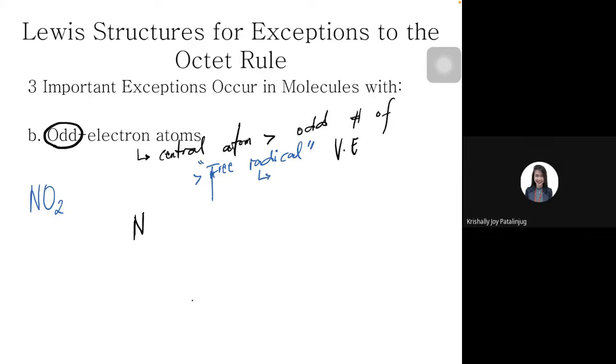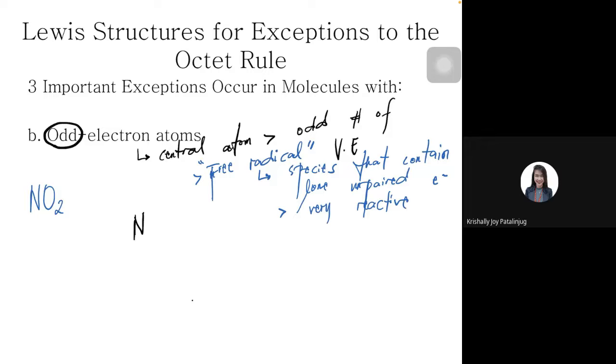Okay? So take note, a species, whether an ion or a molecule, that contains a lone unpaired electron is considered a free radical. And one of the characteristics of free radicals is that they are very reactive in nature.